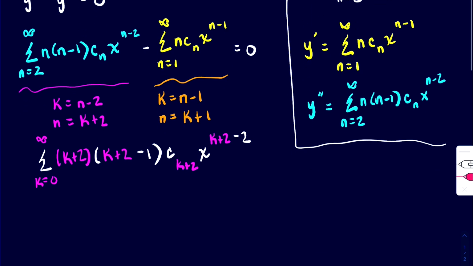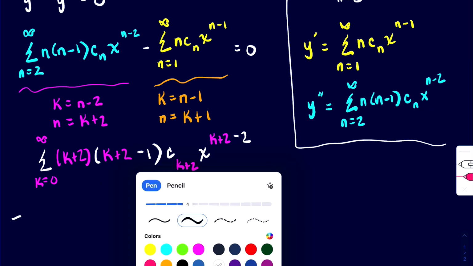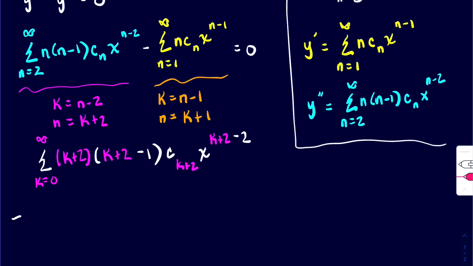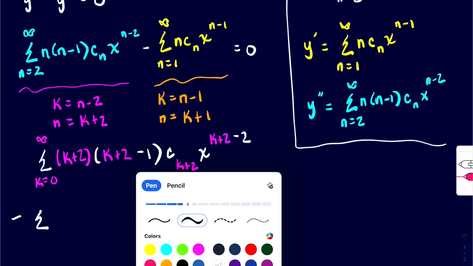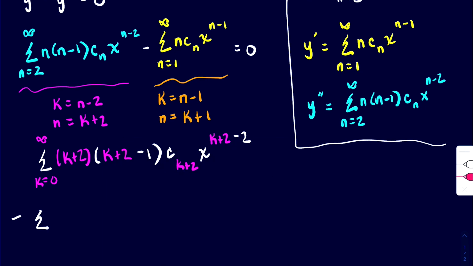The second summation, which is subtracted, will be minus the summation. Now this time the k's will be a little bit different. So when n is equal to 1, the start of that summation, k again will go to 0 and then go to infinity. And then n is k plus 1.